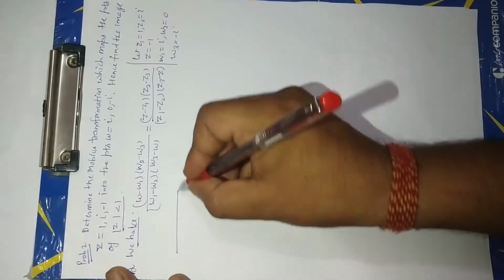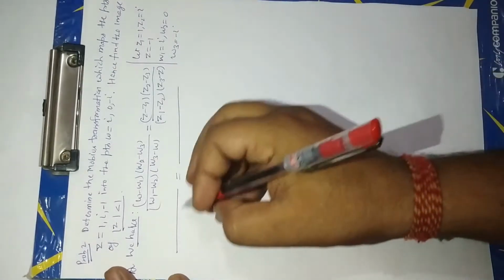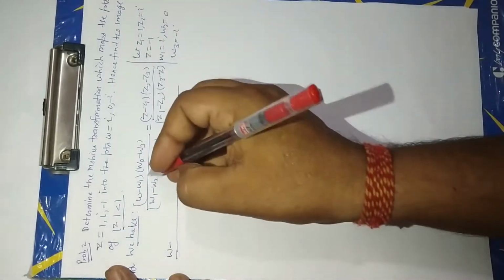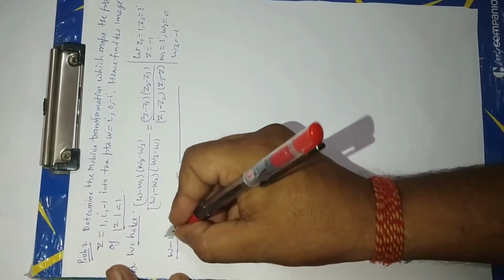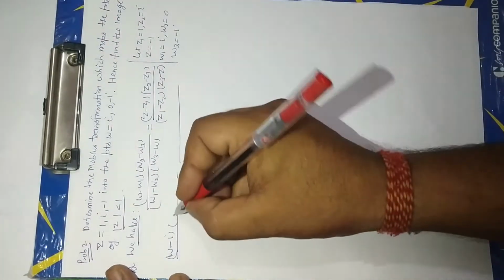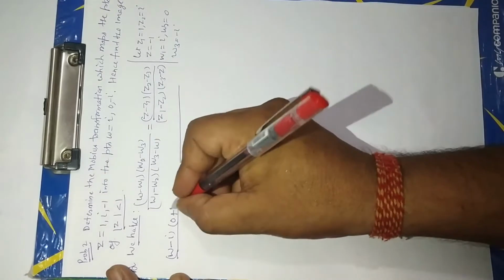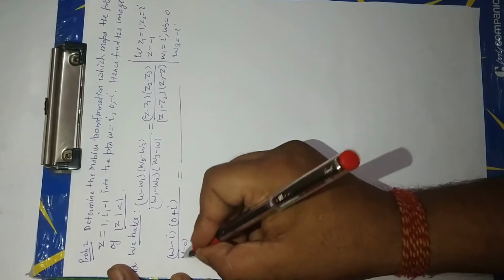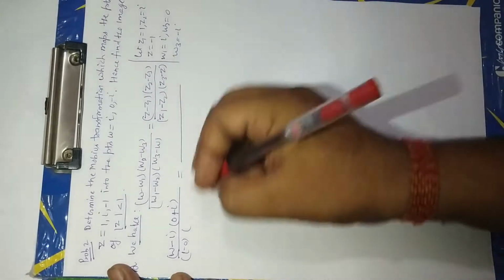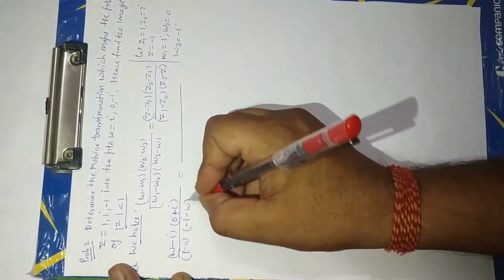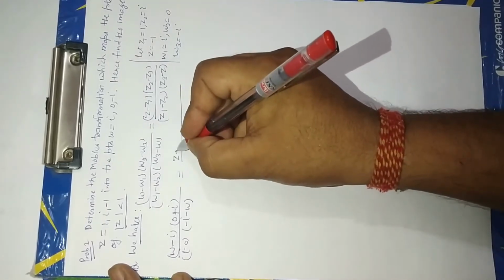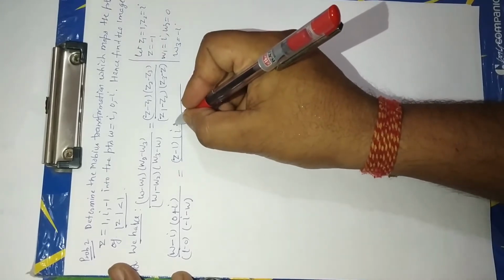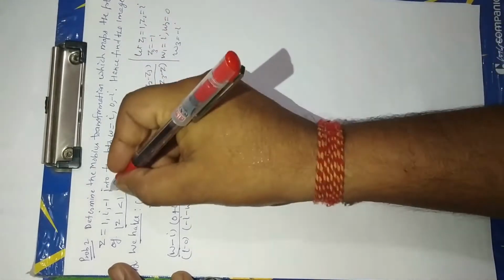Now putting the values of z1, z2, z3, w1, w2, w3. Now w1 is i, w2 is 0, w3 is minus i. Now z1 is 1, z2 is i, z3 is minus 1.